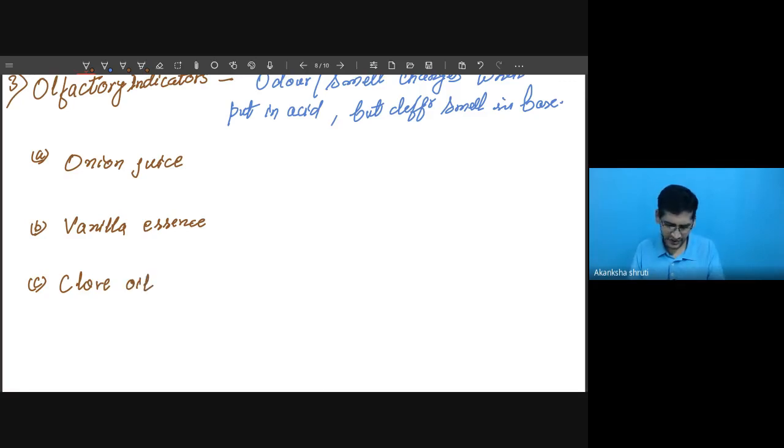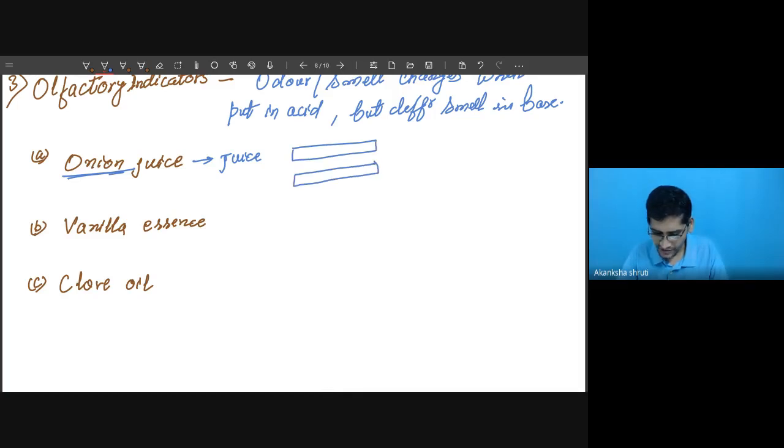So how are these used? Onion juice, how can you use this? You have to take the juice of this onion, then put this juice over two cotton strips and dip them.